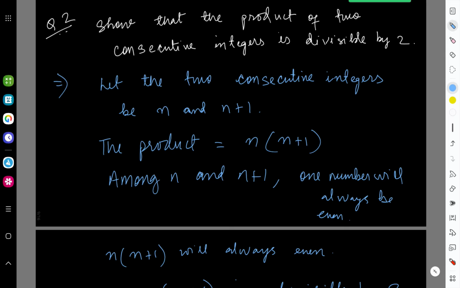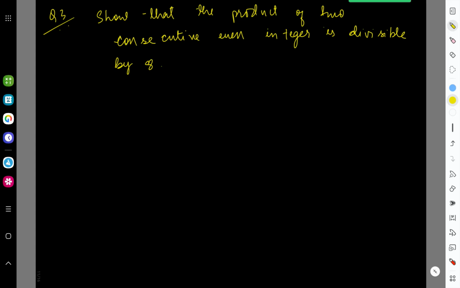Now let us move on to question number 3. Show that the product of two consecutive even integers is divisible by 8. So the key words are two consecutive even integers. Remember I told you the general form for even integers is 2n, and it said two consecutive even integers.